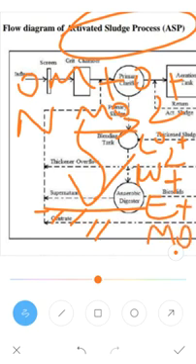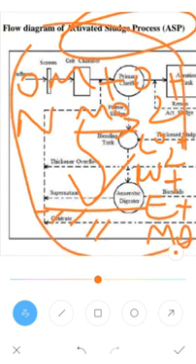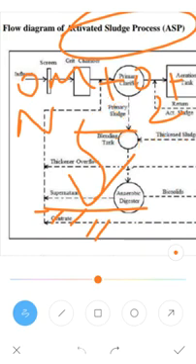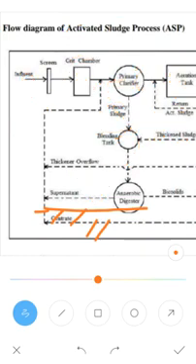This is the general biological mechanism of the reaction in the activated sludge process. The microorganisms require food, oxygen and nutrients, and yield carbon dioxide, water and new microorganisms, as shown in this equation. This can also be generalized.